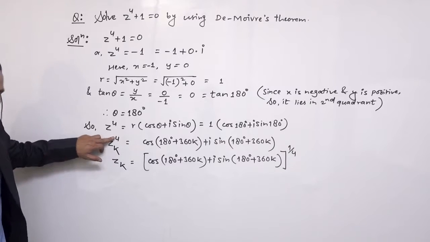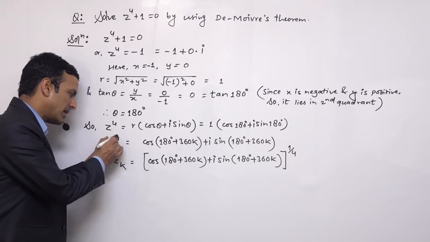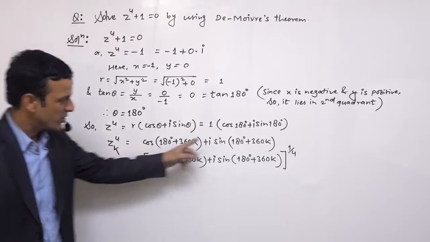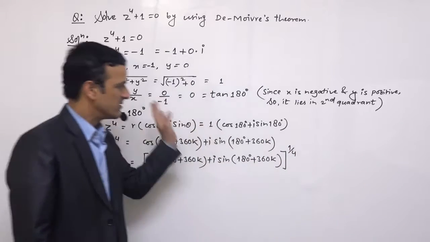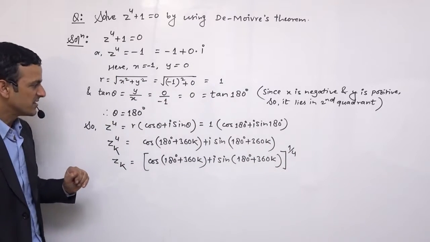If we remove the 4 on this side, we have to multiply by 1 by 4 in the power, so it will also be 1 by 4 on the RHS.